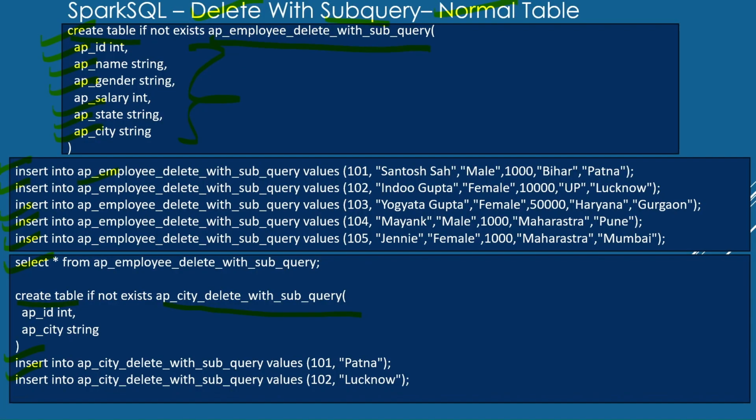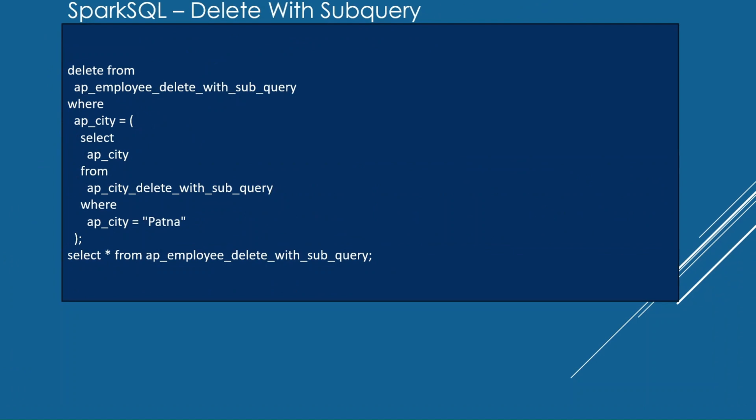Let's go to the PPT. So what I am doing here, I am deleting some records from this table. In the where condition, this APCT is from where I am fetching the APCT. I am fetching the APCT from this table. So this is the subquery.